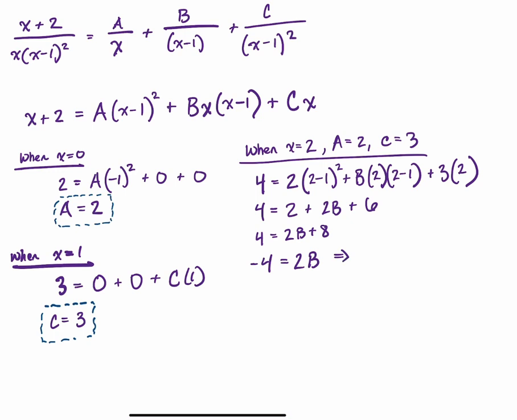So dividing both sides by 2, we get that b is equal to negative 2. So when there's only one unknown remaining, if you found everything else, you can plug those in and then just choose some other value of x.